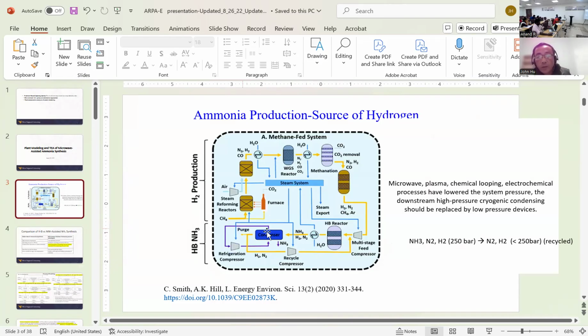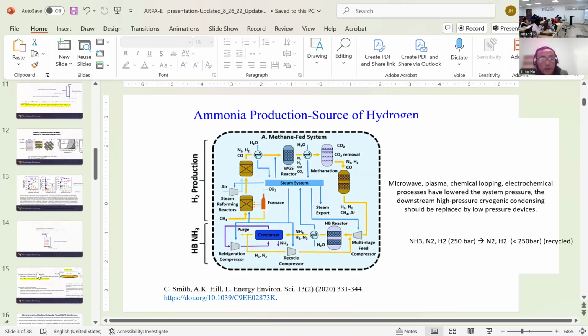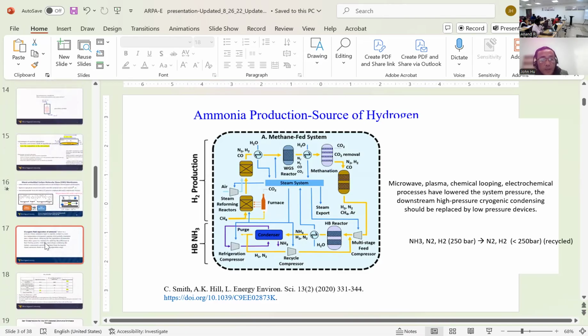All the downstream, you can use the solid solvent. So the operating cost decreases tremendously. If you remember, the Haber-Bosch has so much utility in here, whereas the low pressure doesn't have too much utility. Make sense? Yes, sir. Okay, so that's the whole idea.